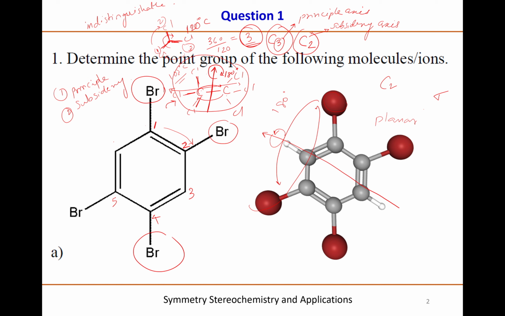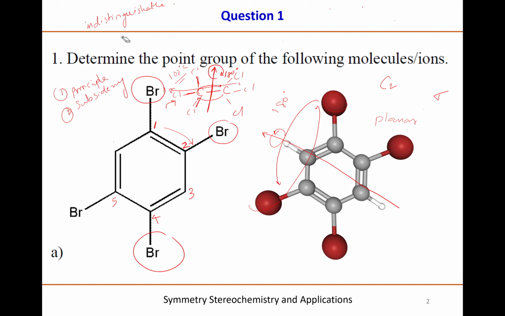So the axis with the maximum number of folds will be considered the principal axis. I hope this example is clear to you. So always the principal axis number comes in the point group. Whenever we are deciding the point group, we are considering the principal axis number of folds.